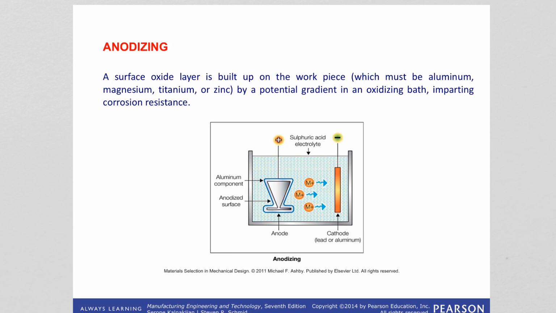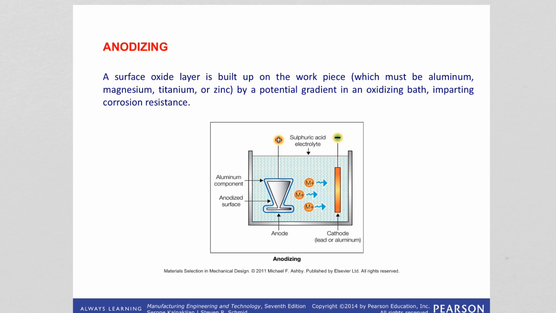So the workpiece is the anode in the electrolytic cell. And this anodizing is accomplished by just immersing this aluminum into the acid electrolyte bath.